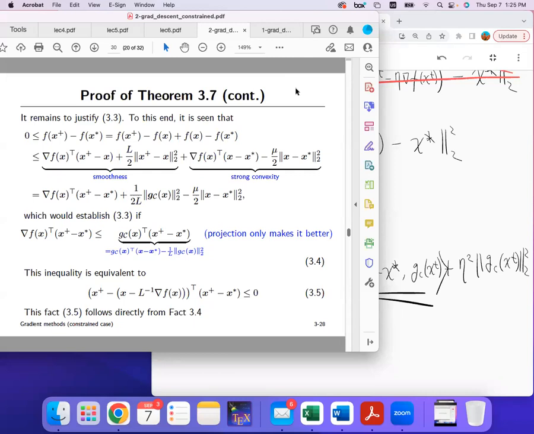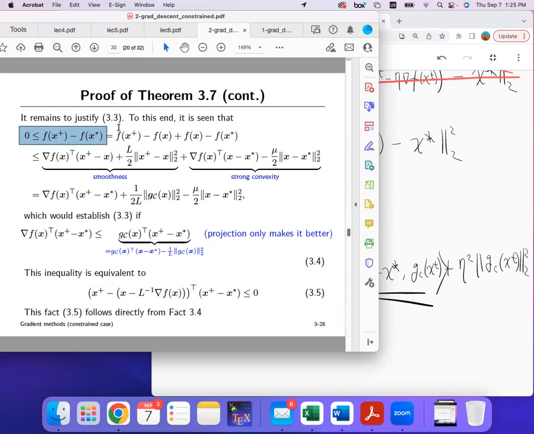We can start from this series of inequalities. We know f(x) minus f(x star) is bigger than 0, because f(x star) is the minimum function value. So if you pick any other point, the function value is bigger.